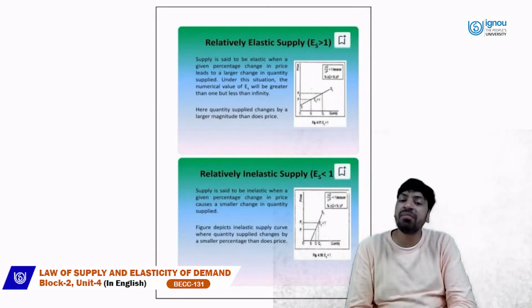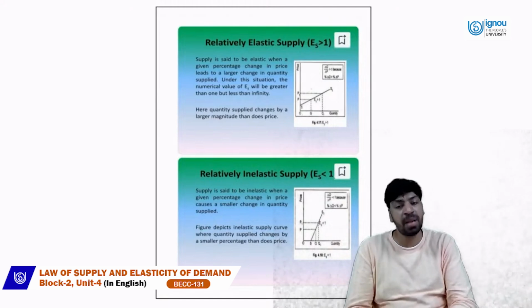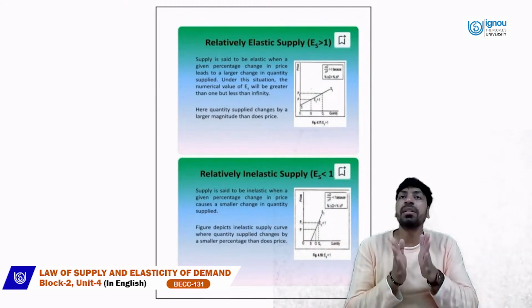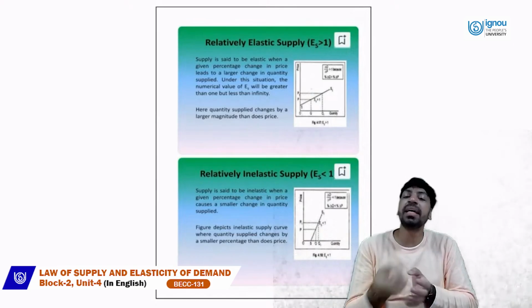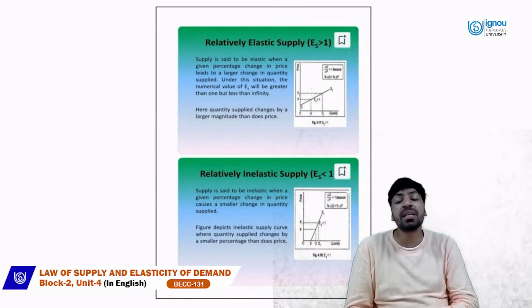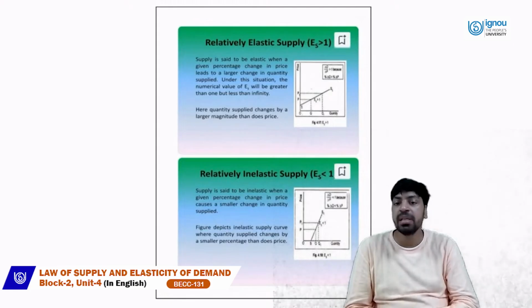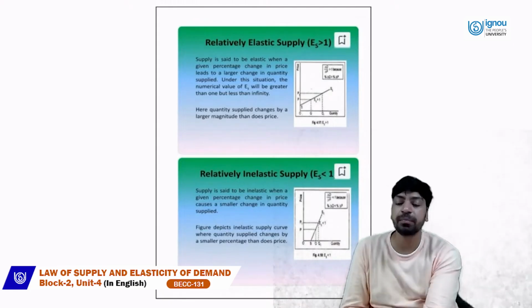That's called relatively inelastic supply, which is less than 1. Less than 1 means the change in quantity supplied would be smaller than the change in the price of a particular commodity.